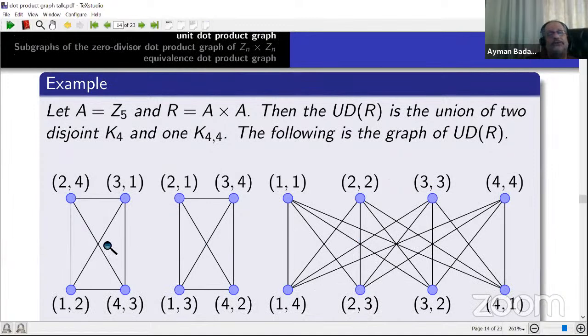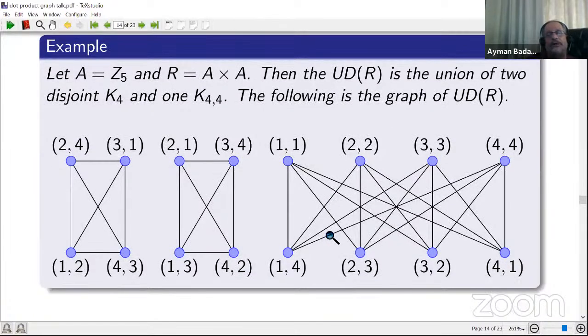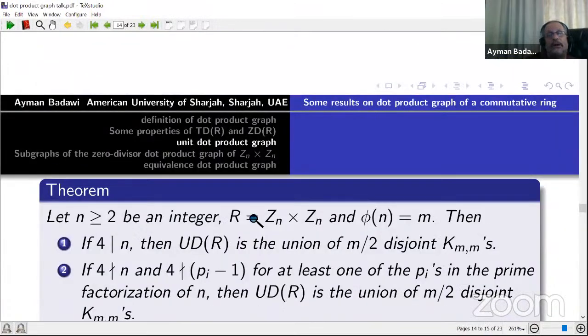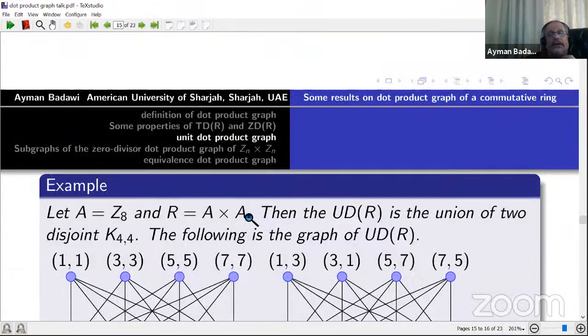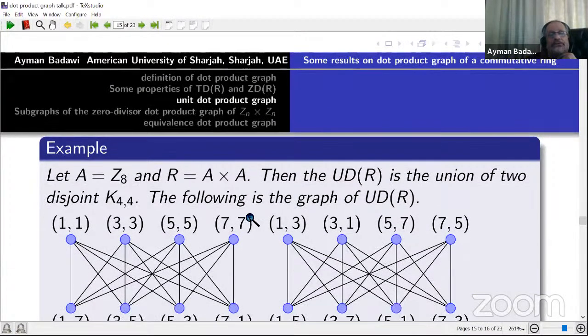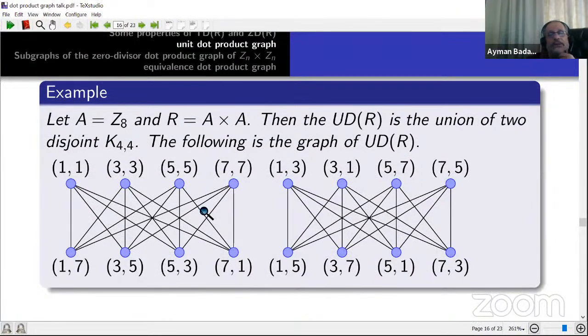As you see, it consists of 2 complete components, and 1 component will be complete bipartite. We did that for many cases. Like here, I did it for Z8. These are examples. And maybe it's about time for me to stop.